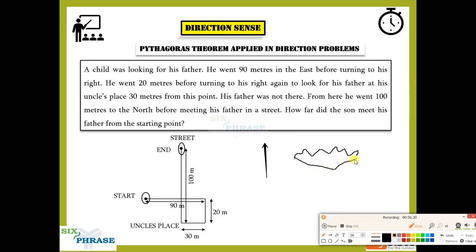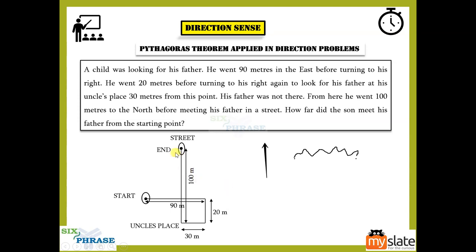But what is the shortest distance? The shortest distance between these 2 points is always a straight line. So you have to find the straight line between these 2 points. This is the straight line, the dotted line. Are you able to see the dotted line? So you have to find this length.